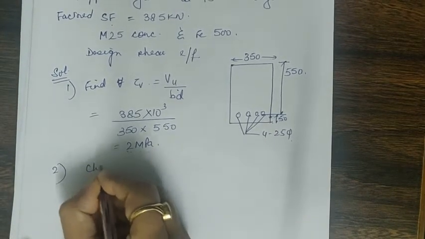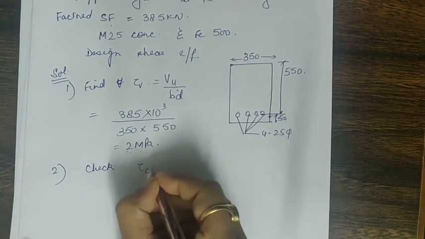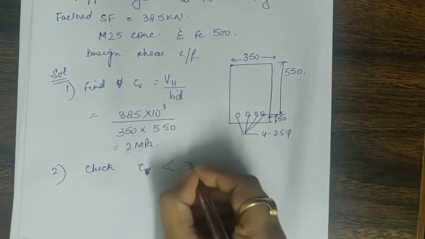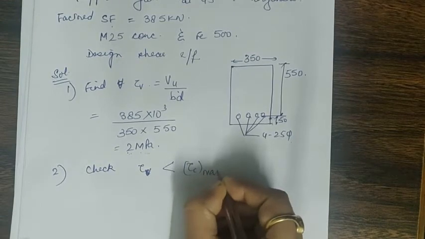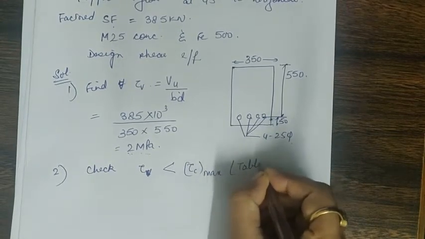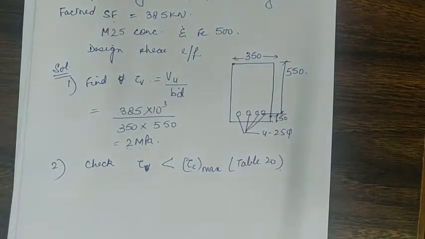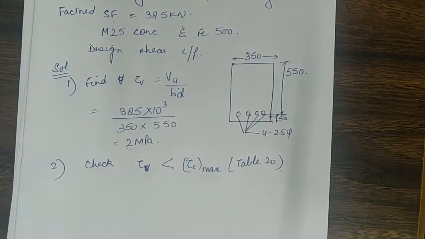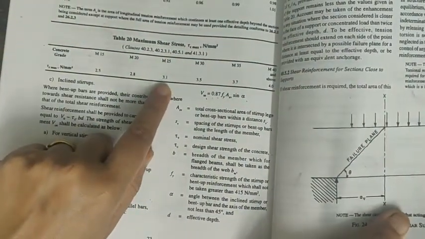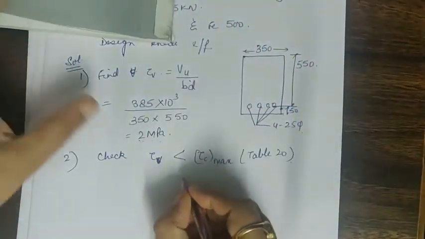Second is, check whether tau v is less than tau c max from table 20. We are using M25 concrete. Table 20 says for M25 concrete tau c max is 3.1 megapascal.